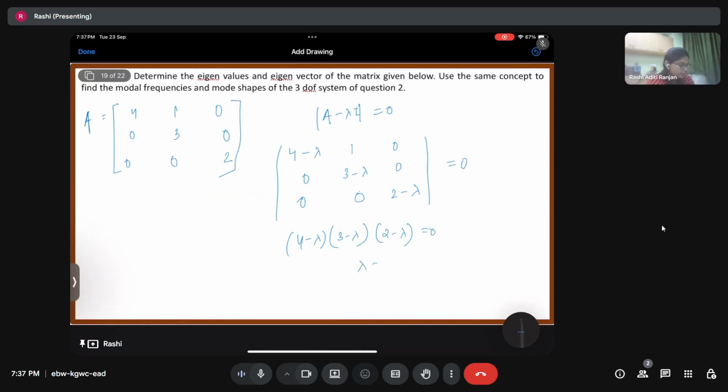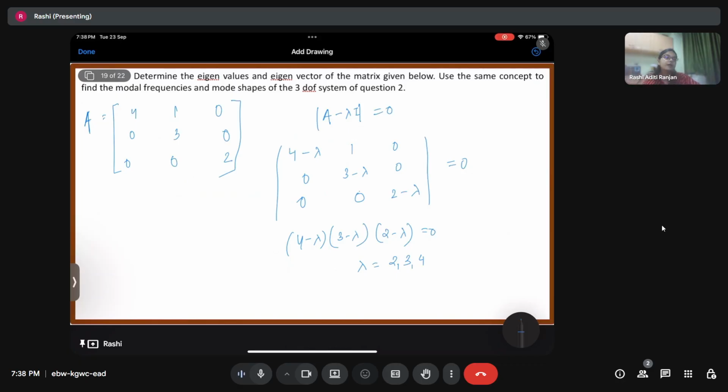So lambda is going to be 2, 3 and 4. We are going to get these three values of lambda, which are the eigenvalues. Now corresponding to these eigenvalues, I have to find out the eigenvector.